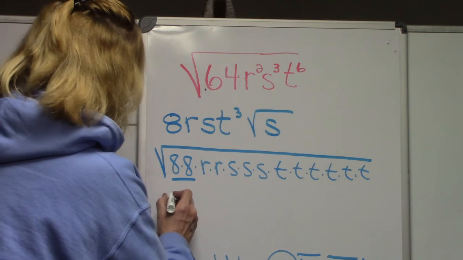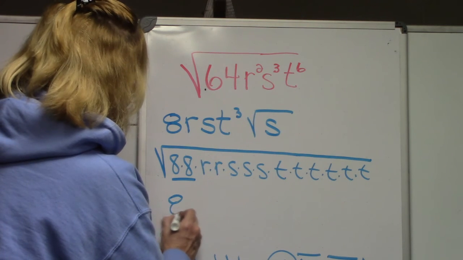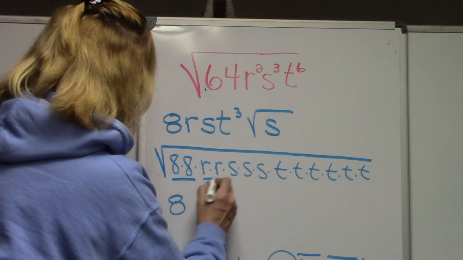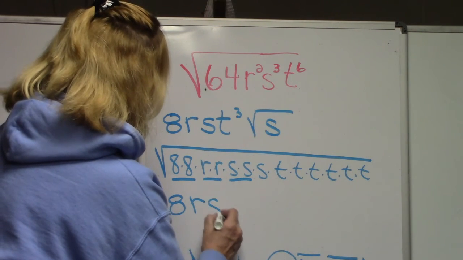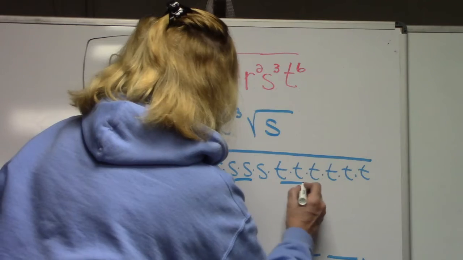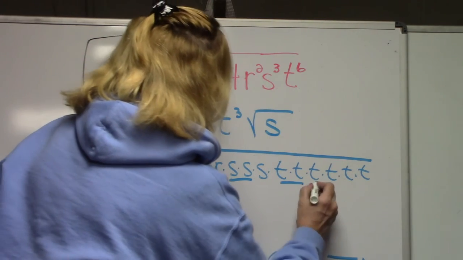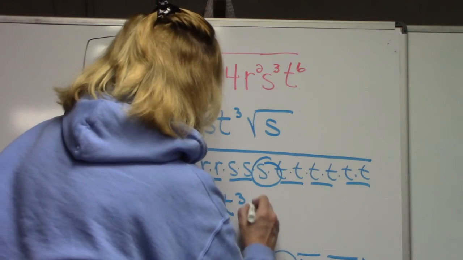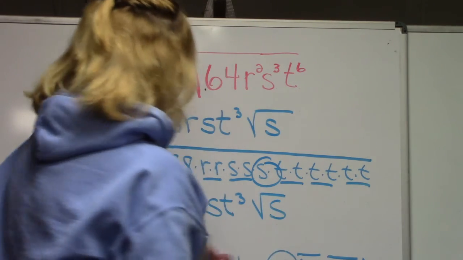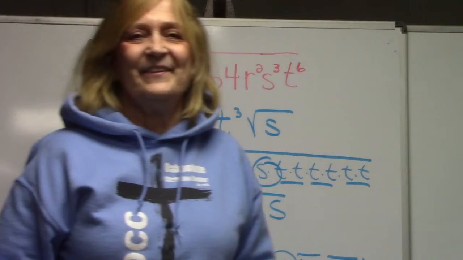Here is 1 pair, so I can pull out an 8. Here's a pair, I can pull out an r. Here's a pair, I can pull out an s. Here's a pair, there's 1 t, 2 t, 3 t's I can pull out, and I still have a single s, so it stays inside the radical.